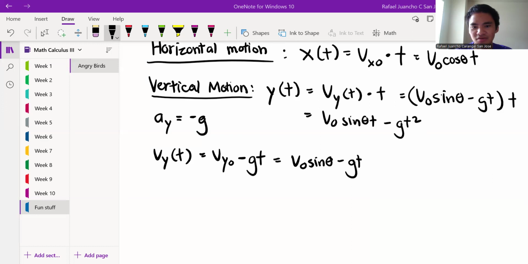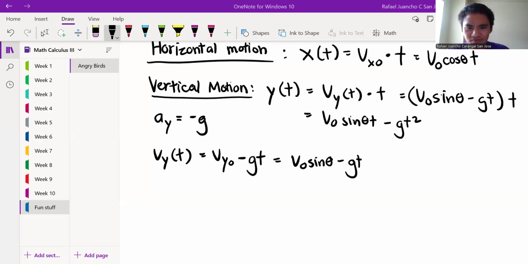If we're given some velocity and we want to get the position, then we do some integral calculus to do that. I just realized that.